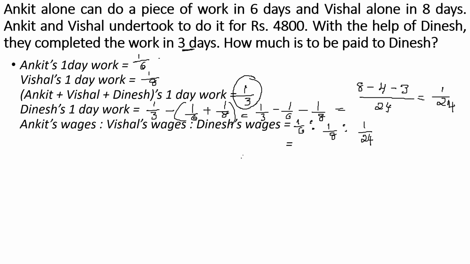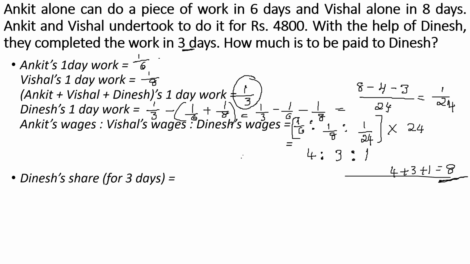Now we have to convert the ratio into whole numbers, so we multiply all three numbers by 24. 1 by 6 into 24 is 4, 1 by 8 into 24 is 3, and 1 by 24 into 24 is 1. Now the sum of these ratios: 4 plus 3 plus 1 is 8.